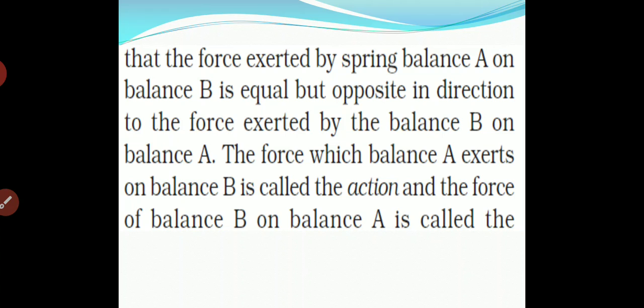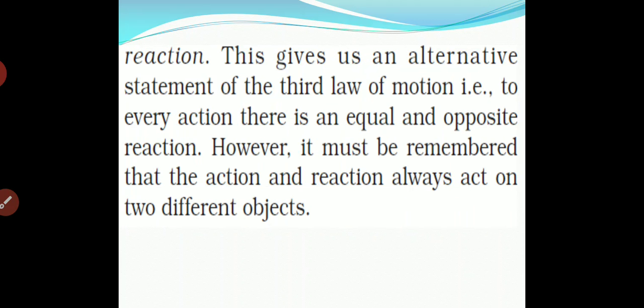You can see it in the figure: if we are exerting a force on A, then that much amount of force is applied to spring balance B, and by balance B on balance A. The force which balance A exerts on B is said to be an action, and the force of balance B on balance A is called the reaction.